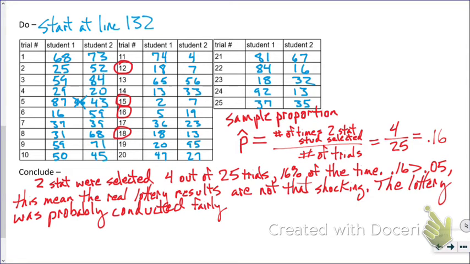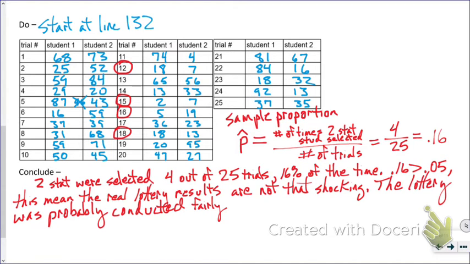The circles, trial 12, 15, 16, and 18, those are occurrences where 2 stat students were selected, like trial 12: 18 and 7, those 2 numbers are within 1 to 28. Remember in our plan step we said those numbers resemble stat students.